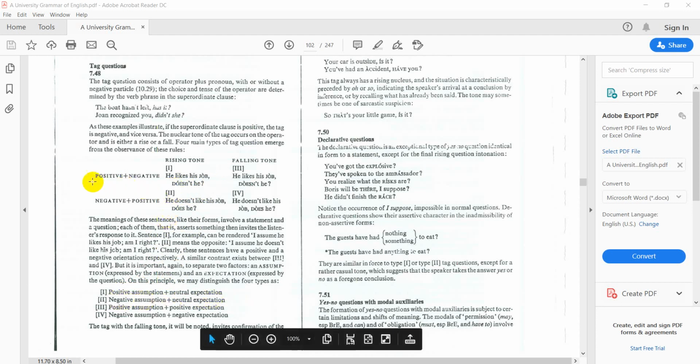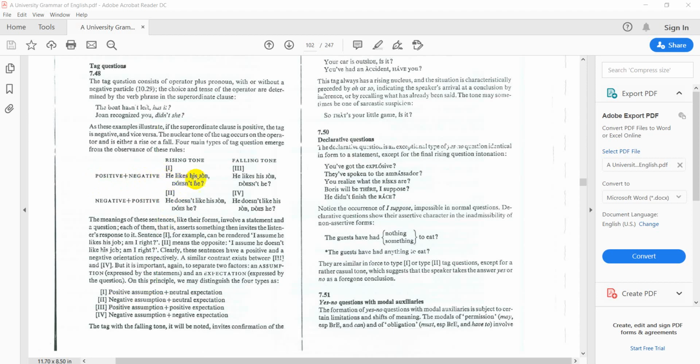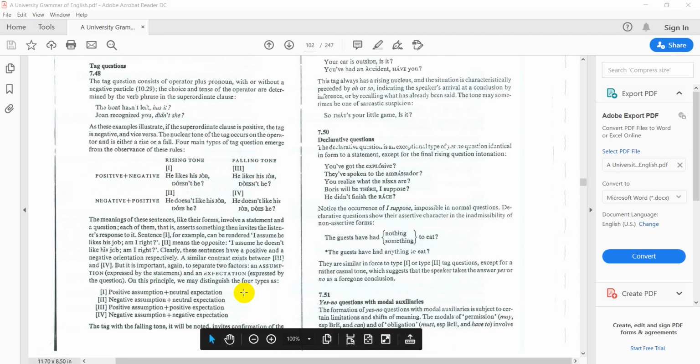With the first one, I assume something, but since there is a rising intonation, it means I have a neutral expectation. I don't know whether yes or no. The expectation is neutral.